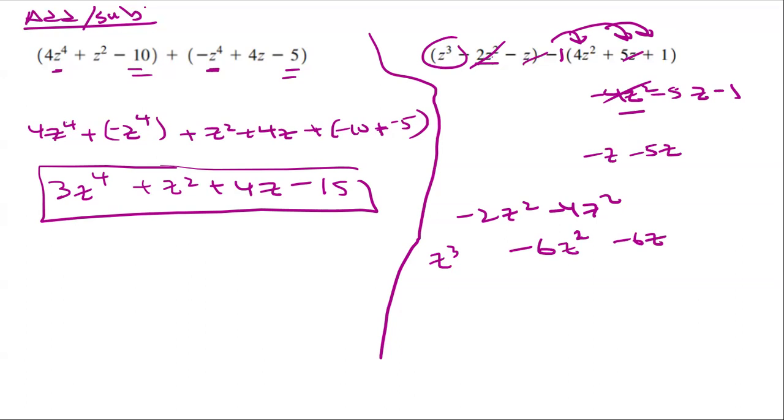So that'll just be minus 1. Okay. So we should have a z cubed minus 6z squared minus 6z minus 1.